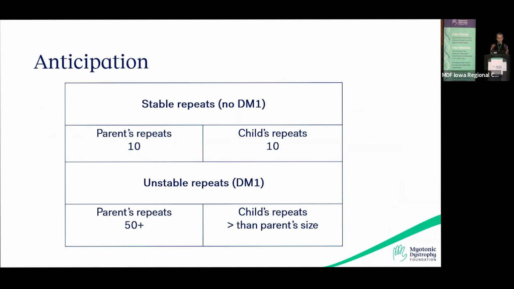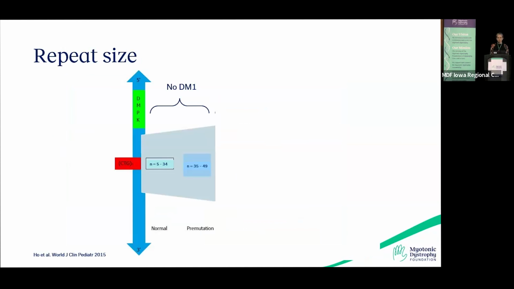So for parents' repeats that are 50 and above, their child's repeats are going to be more than the parent's size. And the repeat size does have an effect on the age of onset of disease as well as how severe the disease will be. If we look at the repeat size, normally 5 to 34 repeats, there won't be any DM1.